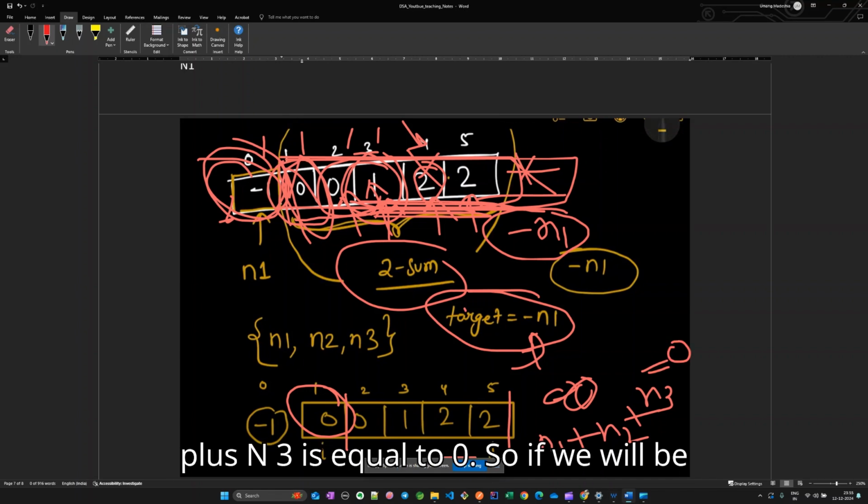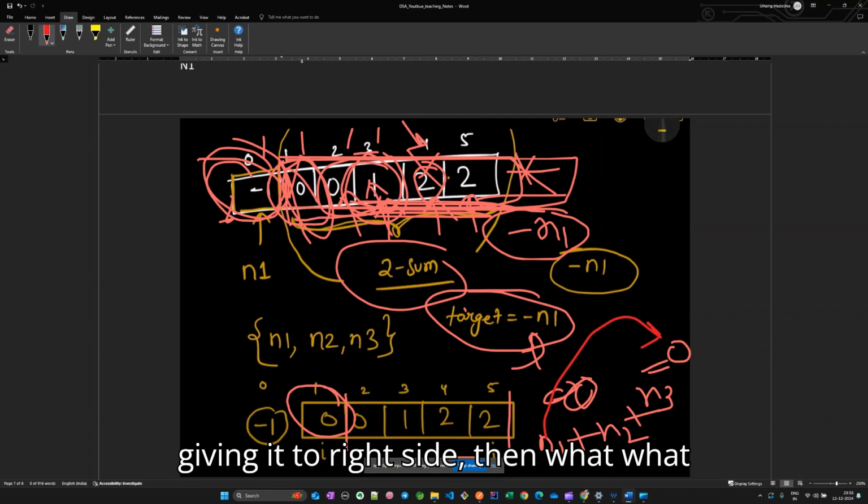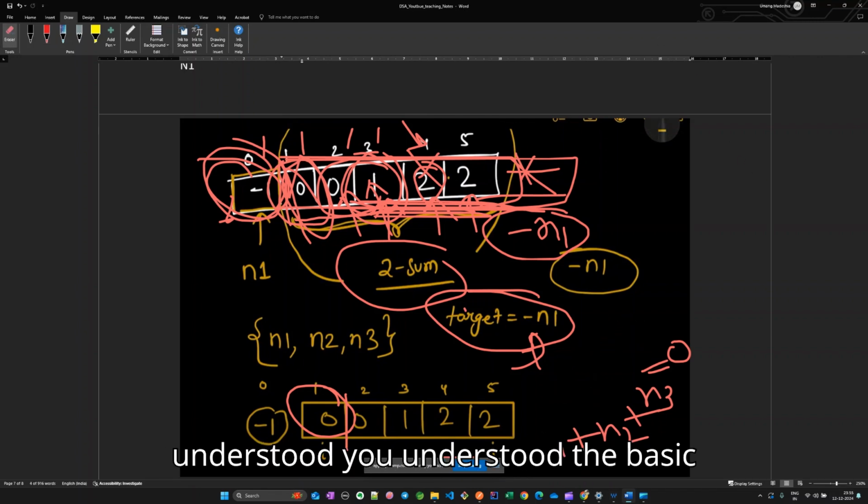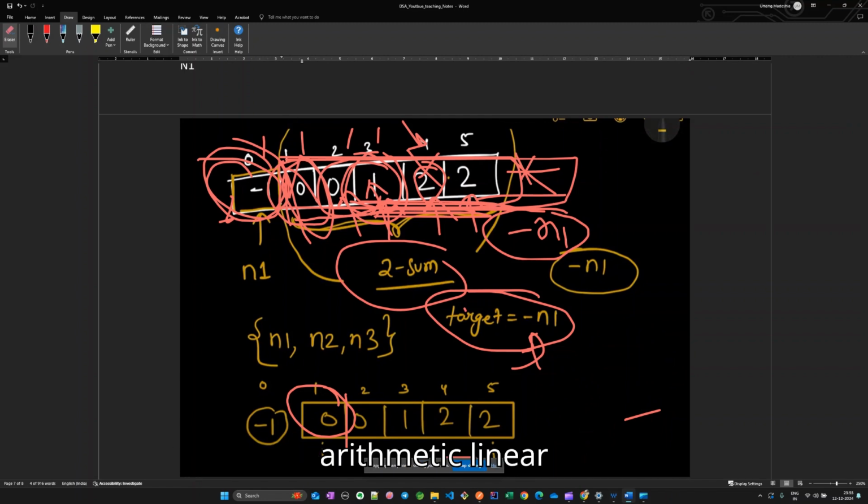So if we give it to the right side, then what would be our thing? Tell me if you have understood the basic arithmetic linear equation. It would be n2 plus n3 equal to minus n1.